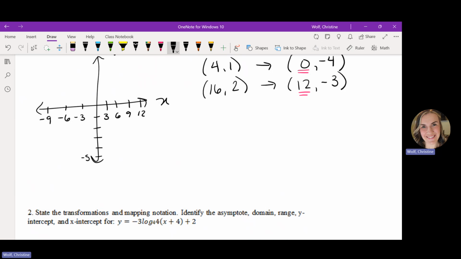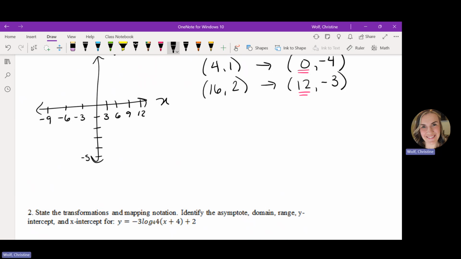Before we plot in our points, we're going to plot in our asymptote. We will always still have an asymptote. Now, think back to chapter 7. Your asymptote was always horizontal, and it either went up or down, depending on what value. Which value told you?